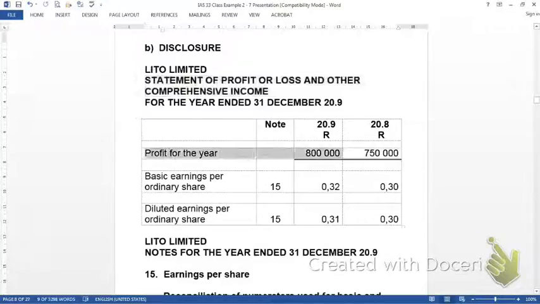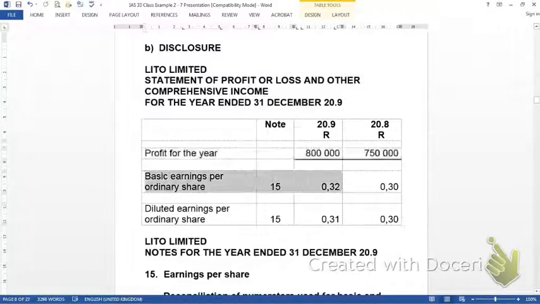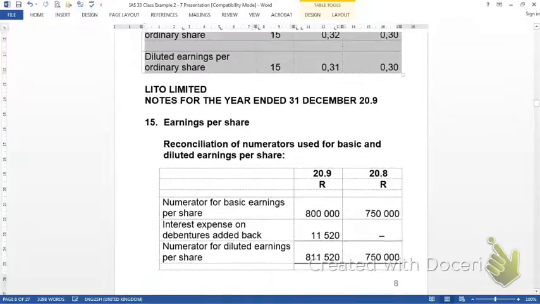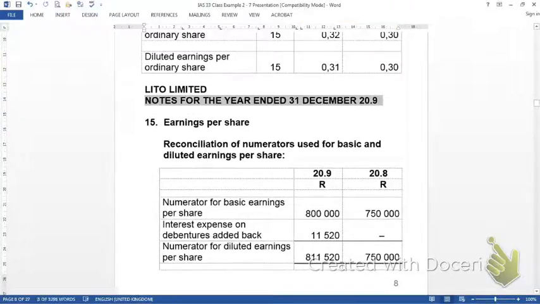So there you have the profit for the year in your statement of profit or loss, and right at the bottom you will have that disclosure. But you can also be required to disclose in the notes for the year ended the earnings per share.